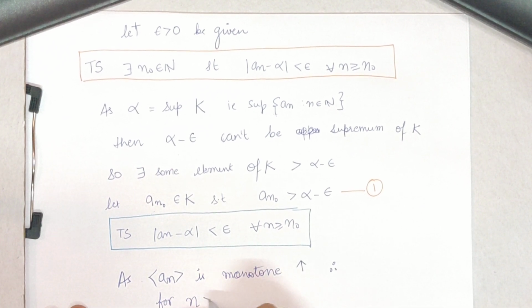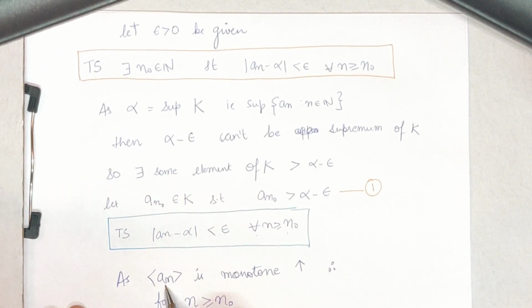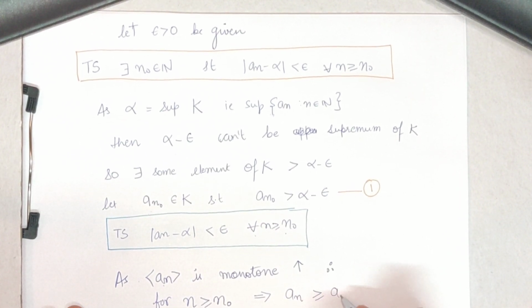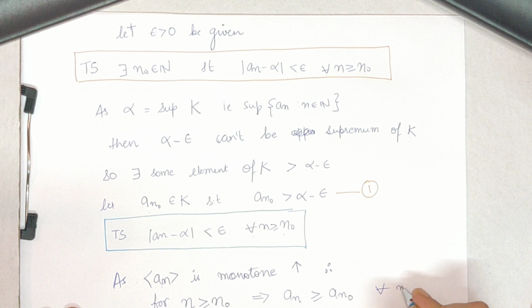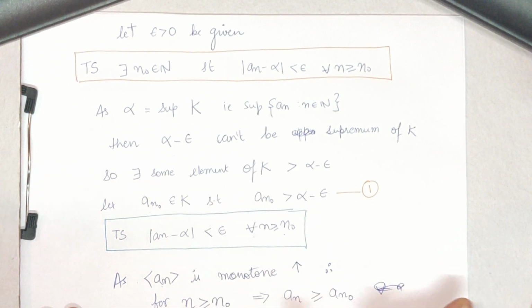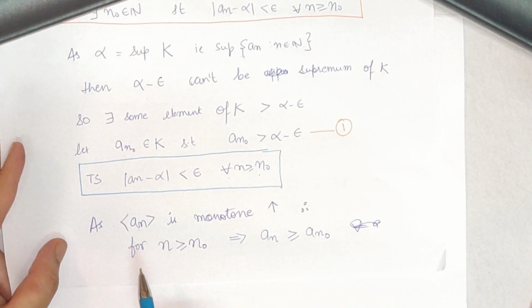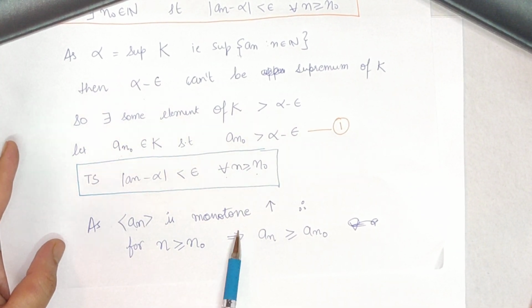Whenever I have some n greater than or equal to n naught, since the sequence is monotonically increasing, this implies an is greater than or equal to an naught. What does monotonically increasing mean?